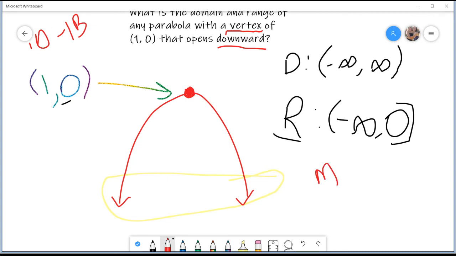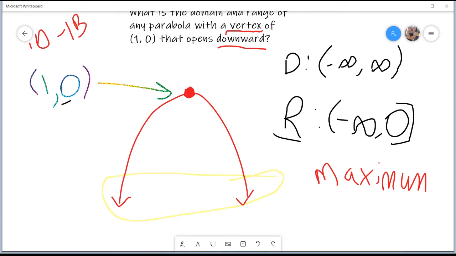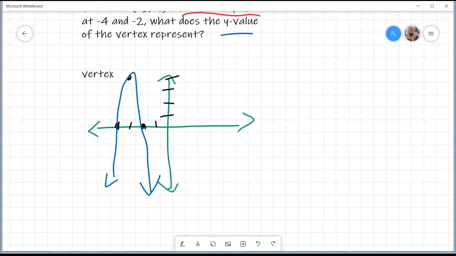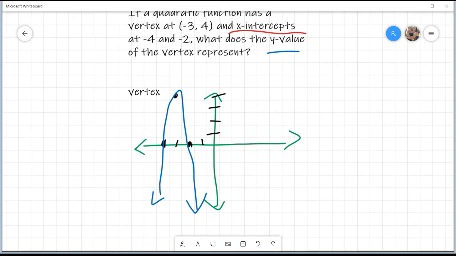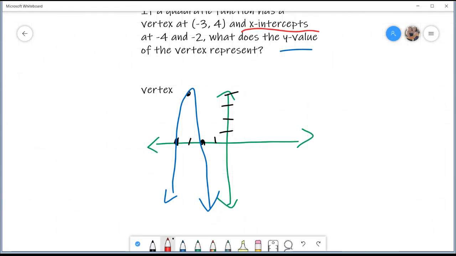We called that a maximum. So if we're looking over here, this 4 right here, it's the highest point that the parabola is going to go before it starts going back down. That makes it a maximum as well.